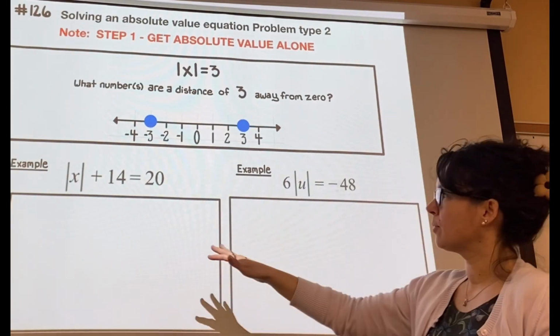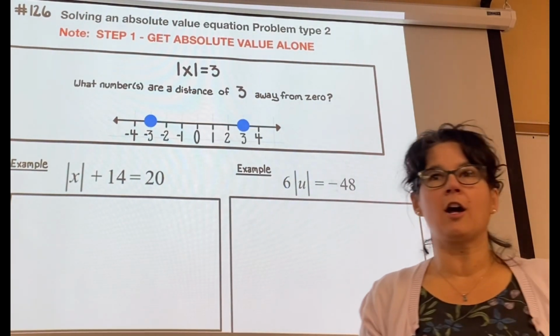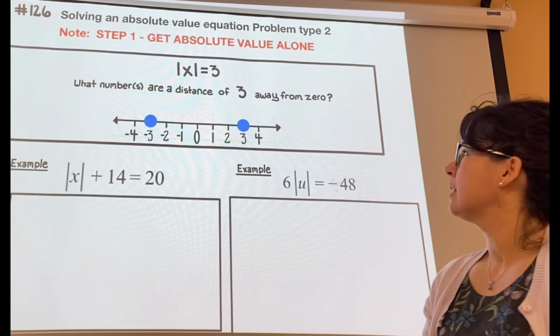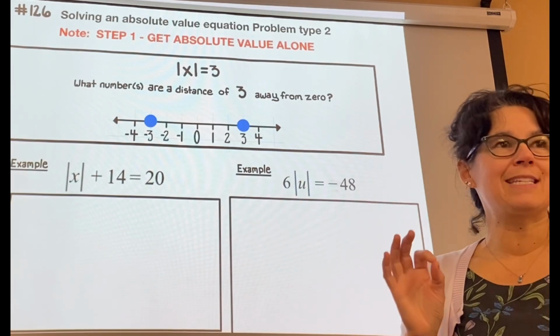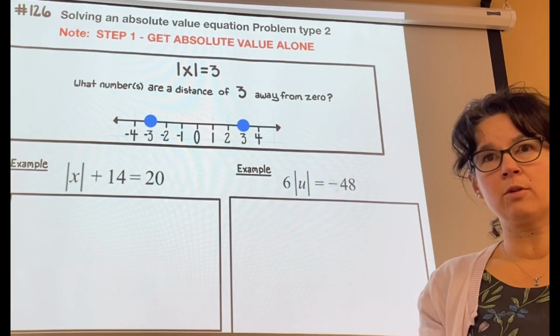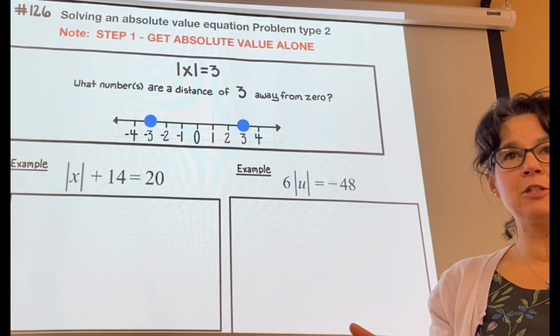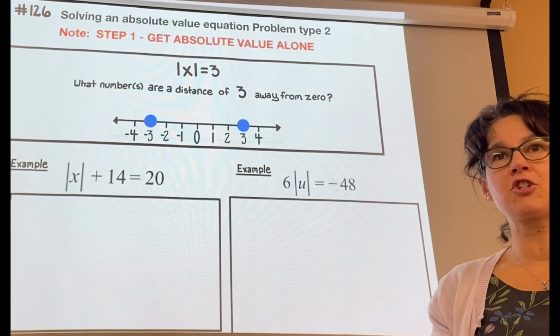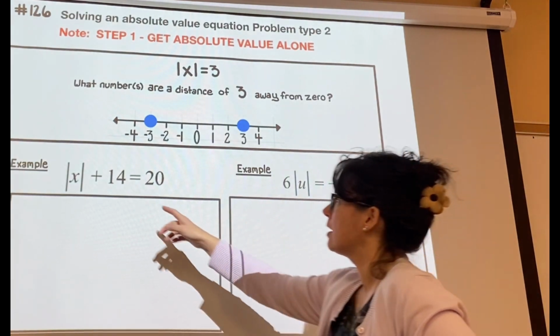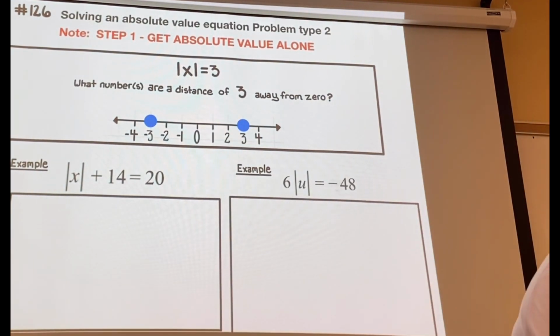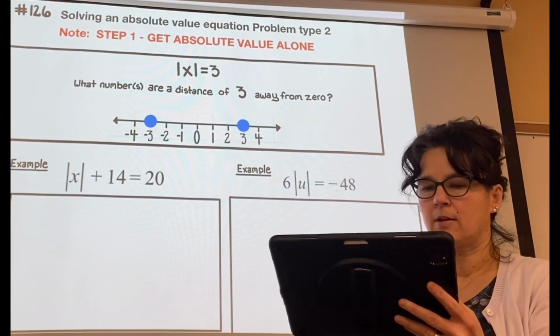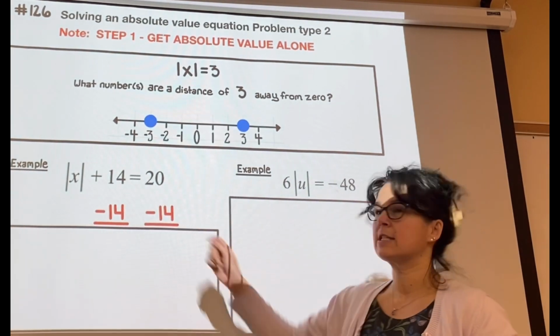All right, so before you get started on any absolute value equation, the very first thing you need to do is get the absolute value alone. And you undo the order of operations to make that happen. So if there was multiplication and subtraction, you get rid of the subtraction first. But on this one, I'm going to get rid of the add 14 by subtracting 14.